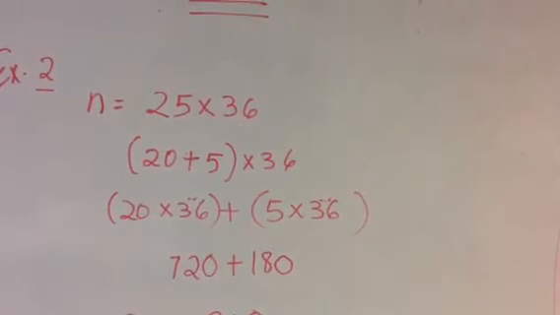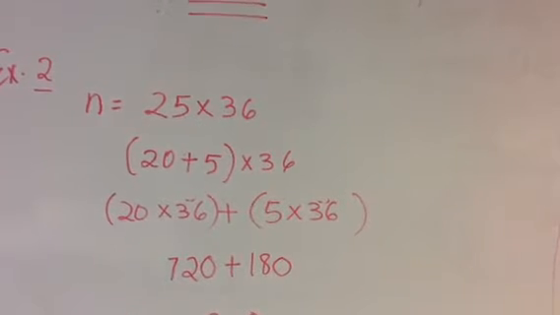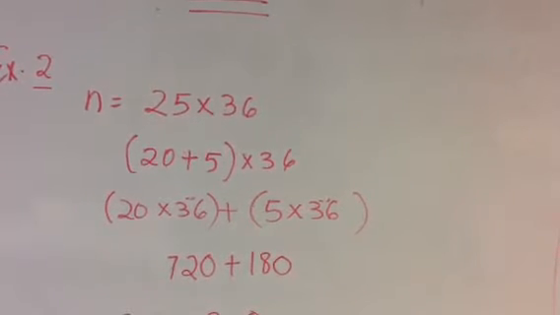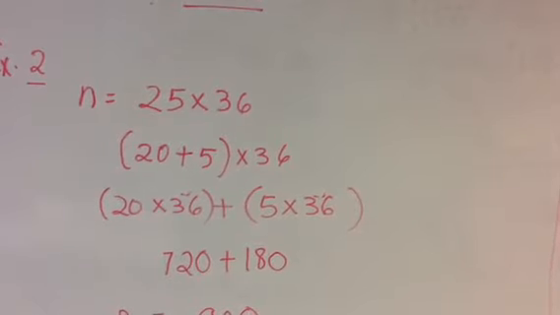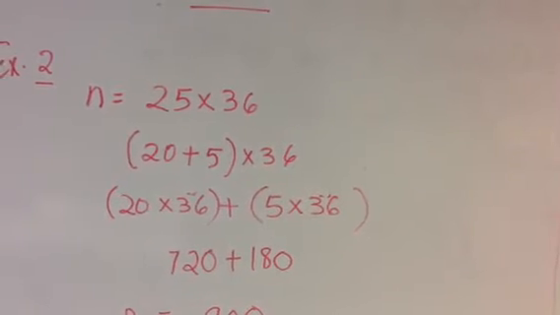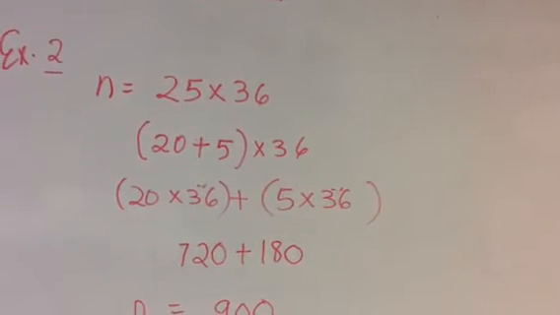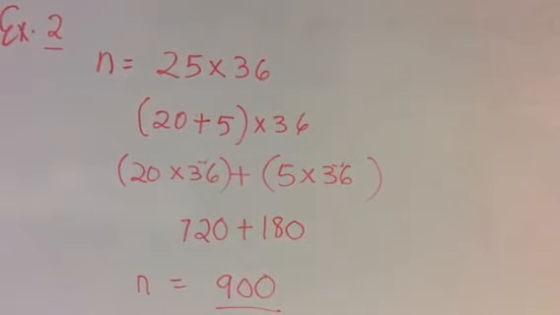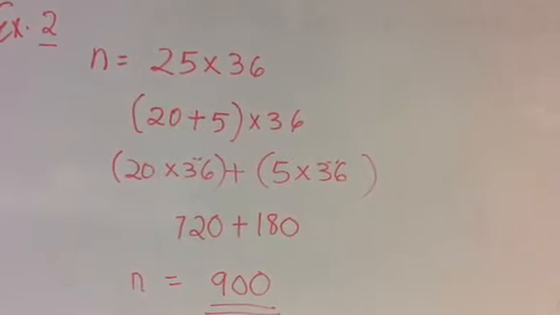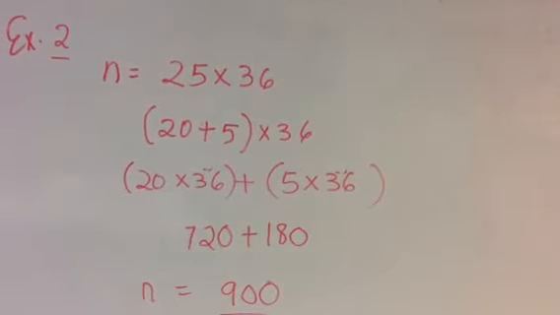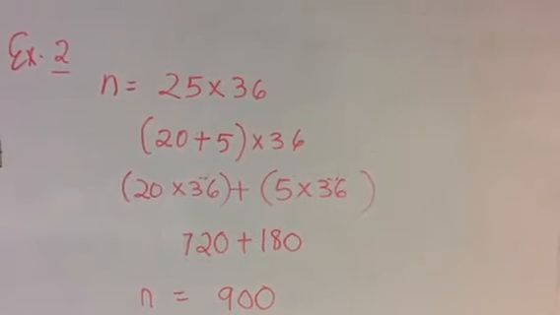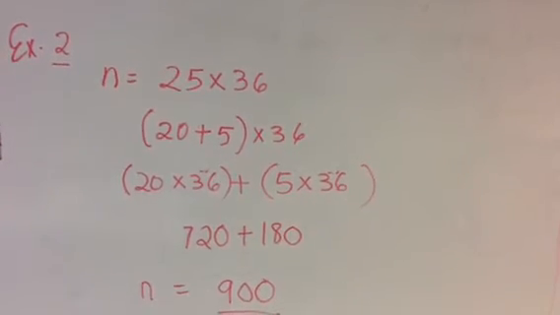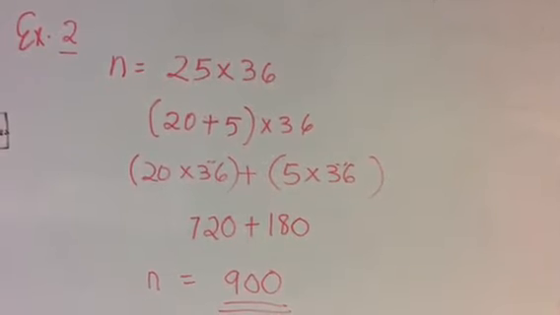How did I get 180? 5 times 6 is 30, carry the 3. 5 times 3 is 15, plus the 3 that you carried is 18. So 720 plus 180, n is equal to 900. Here are the two examples of the multiplication addition principle that you will find in your review sheet.